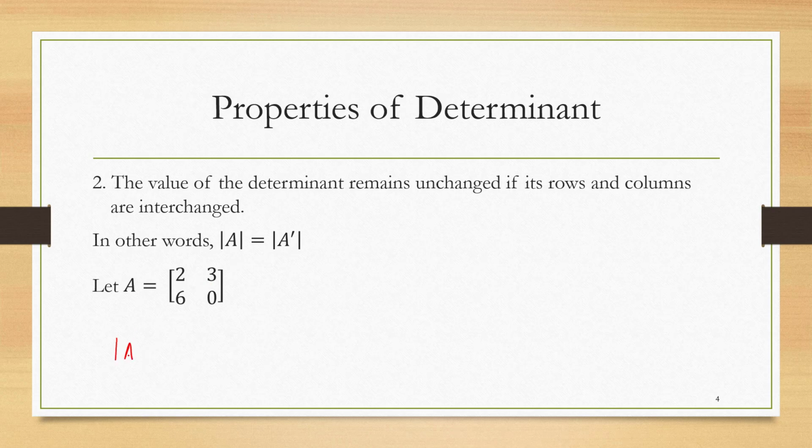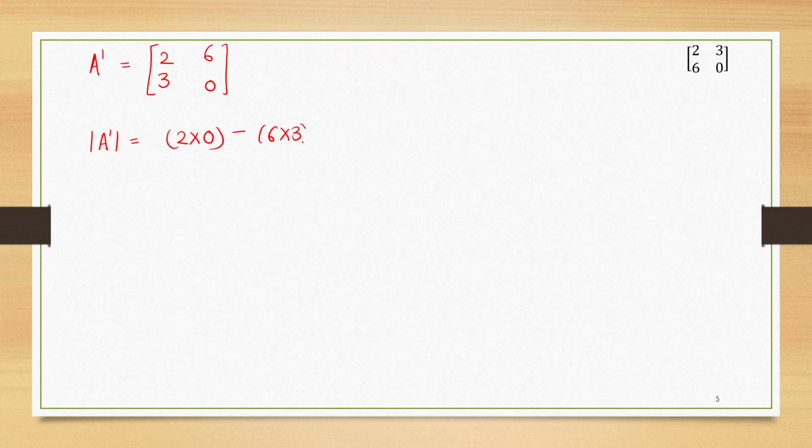Left hand side determinant A, we have already solved, is minus 18. Now let's take transpose of this matrix. A transpose is 2, 6, 3, 0. And determinant of A transpose is 2 multiplied by 0 minus 6 multiplied by 3, that is minus 18 again. So determinant of A is the same as determinant of A transpose.